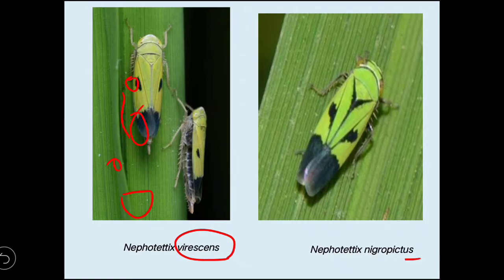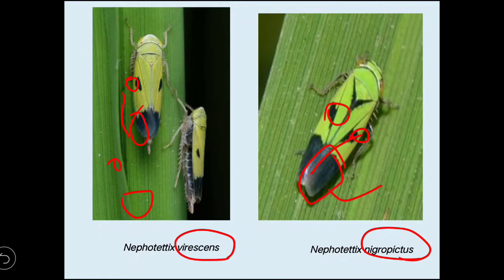In nigropictus, they also have the dark band at the apical portion of the wings, and in the middle of the forewings you will find two black dots, but these dots extend to meet the apical dark band.